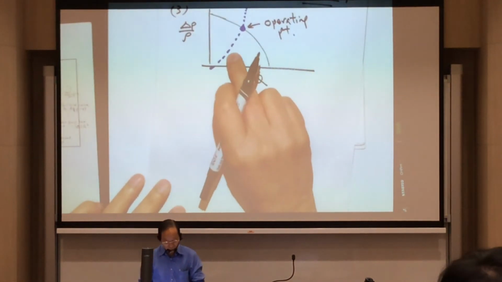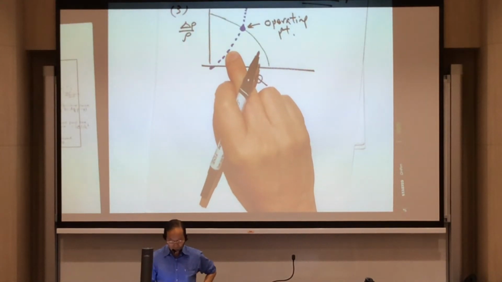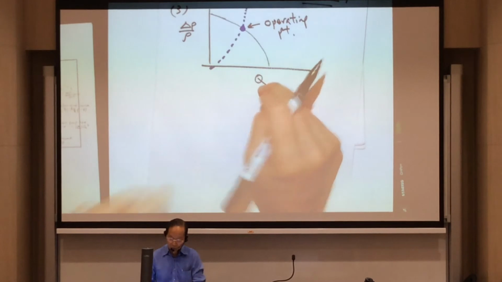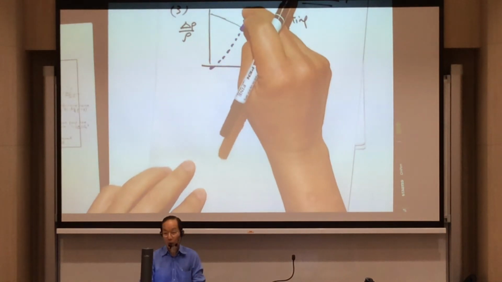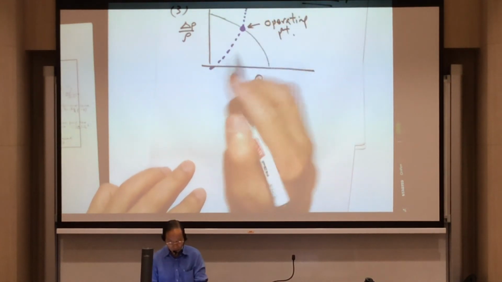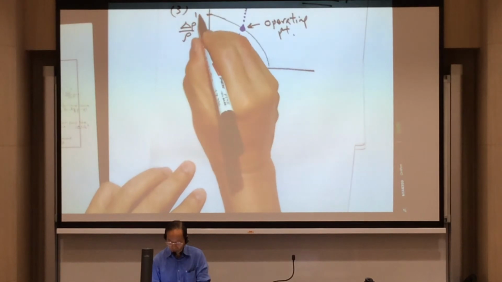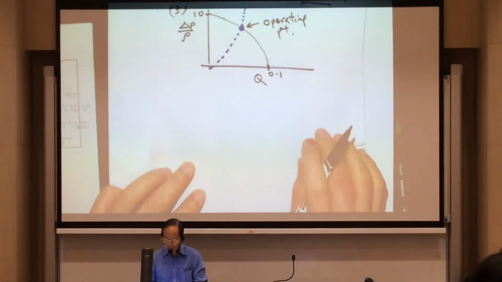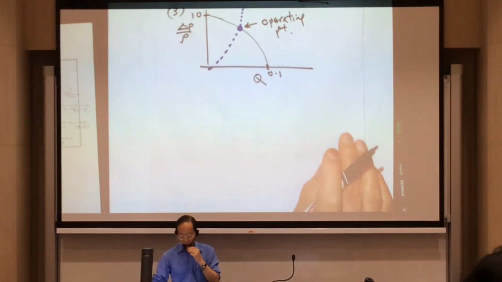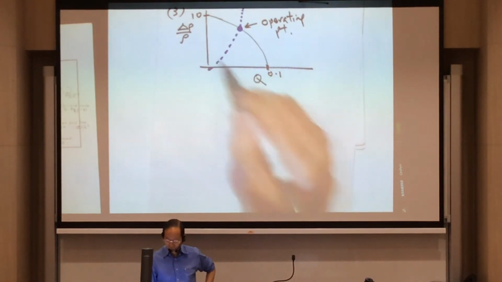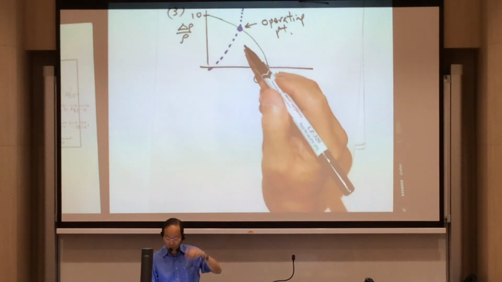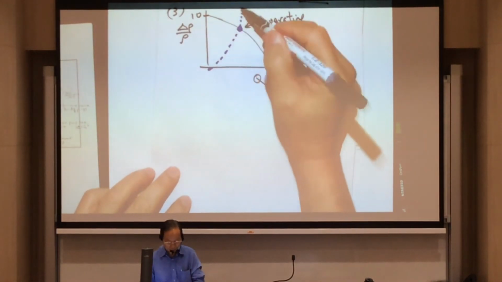Again, you can get this from delta P over rho equals 8.7 V squared, and you convert the V to your Q, and you should get a curve. You can do it at home. You can put some values here, for example 10, for example 0.1, typical values. You plot delta P over rho equal to 8.7 V squared, convert your V to your Q, and you'll get this blue curve.